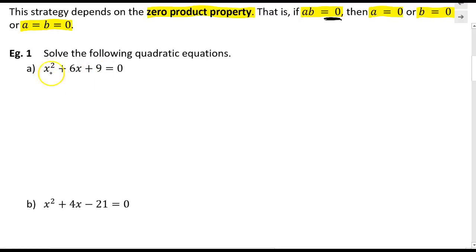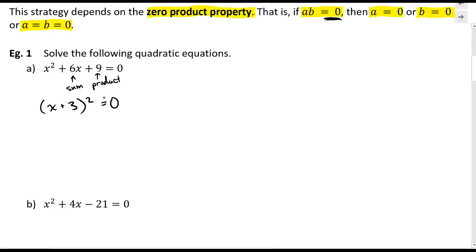So this is a simple trinomial. So I am going to find the factors that give me the product of 9, and that add together to give me positive 6. Well, factors of 9: 1 and 9, or 3 and 3. 3 plus 3 gives me 6, so I can factor this as x plus 3 squared equals 0.